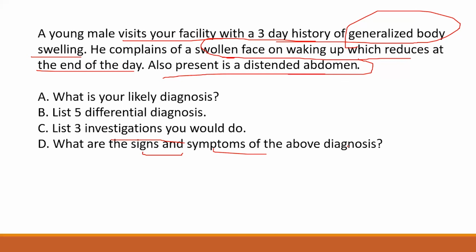Pitting edema. That is what? Indentation which remains after pressure is released from the swollen skin. So when you apply pressure, there will be indentation. That is actually good compared to non-pitting edema. In non-pitting edema, it means the lymphatic system is now involved. But with pitting edema, the lymphatic system is okay.